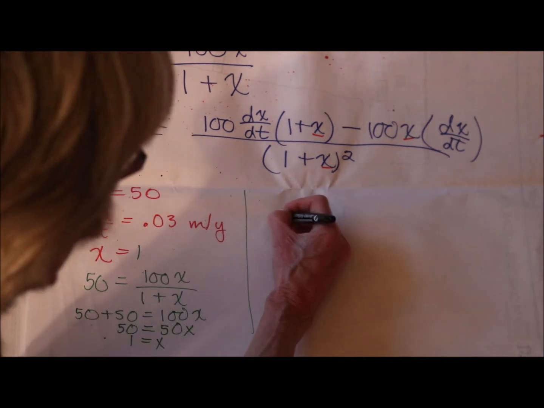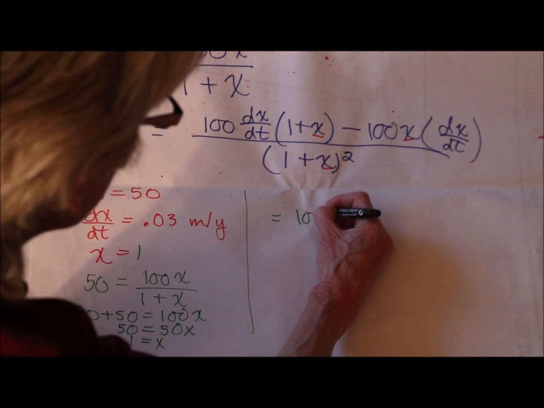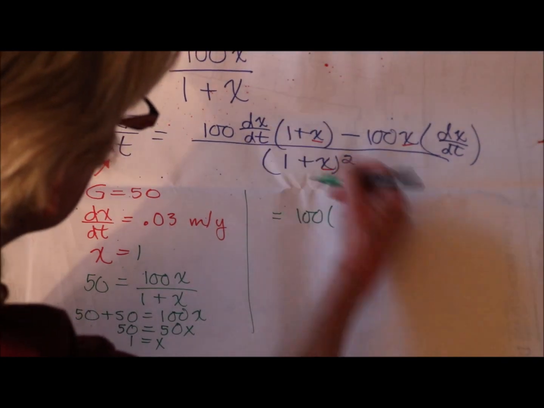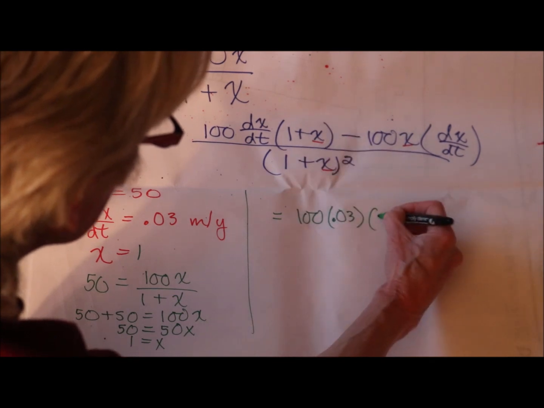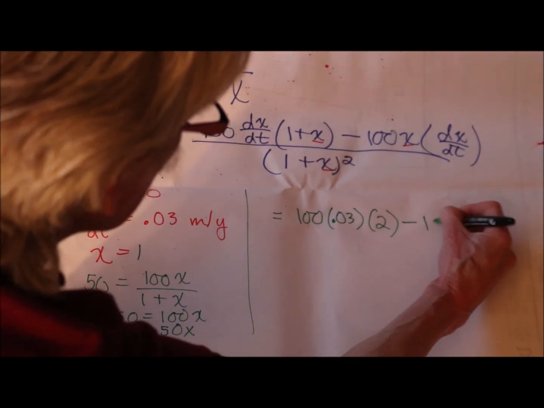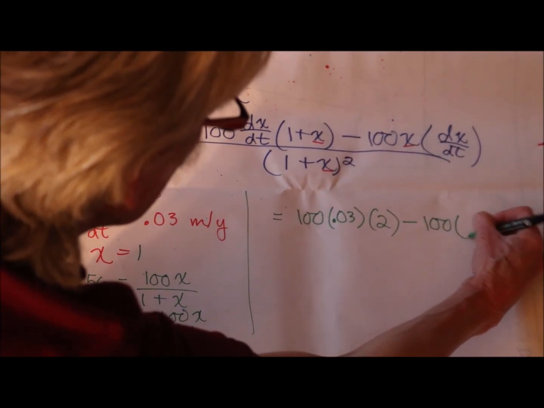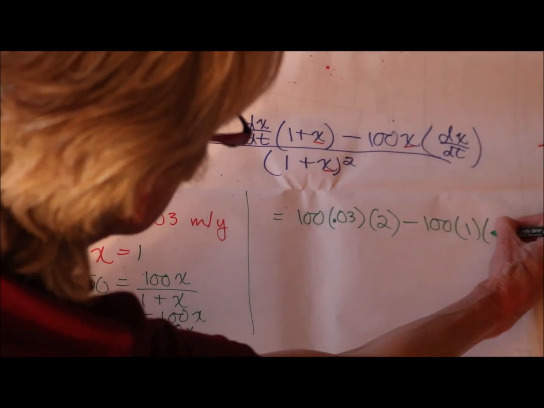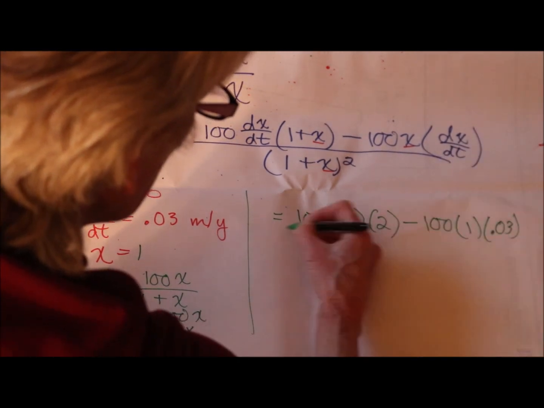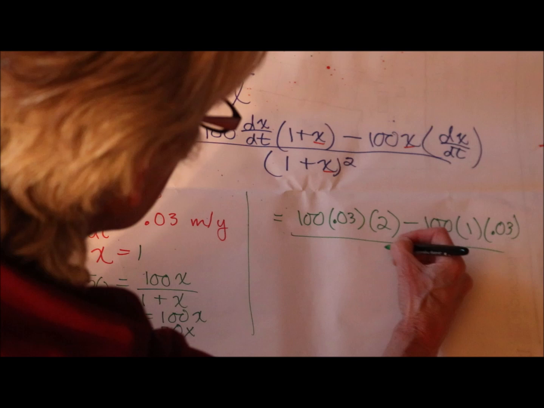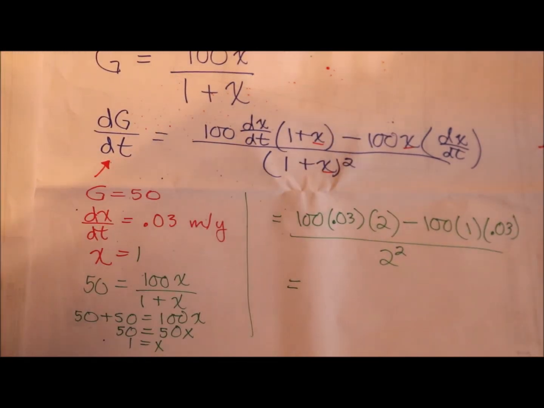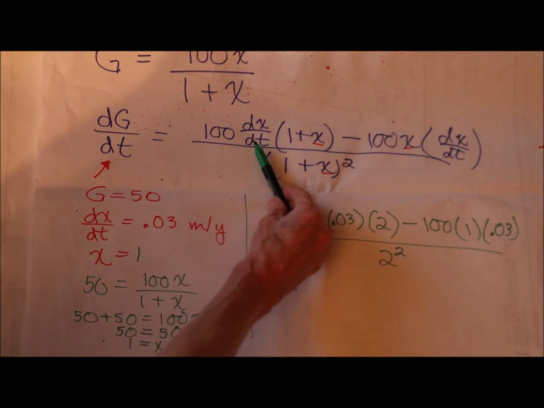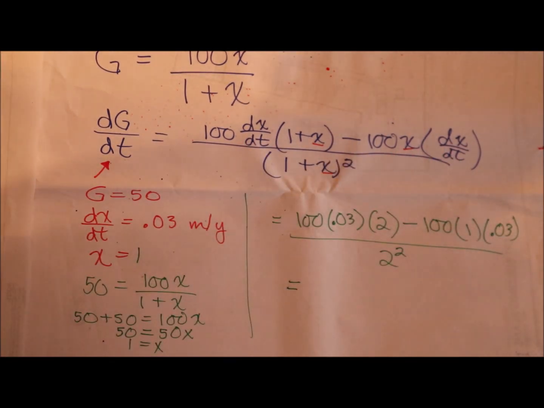My x was 1. So now I'm just going to plug everything in. So I have 100 times dx/dt, which is 0.03, times (1 plus 1, which is 2), minus 100 times 1 times dx/dt, which is 0.03, over (1 plus 1), also known as 2 squared. Now I think when you look at the rubric, they actually factored out the dx/dt just to make the computations easier.